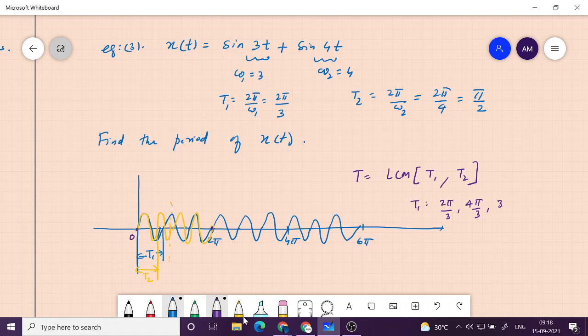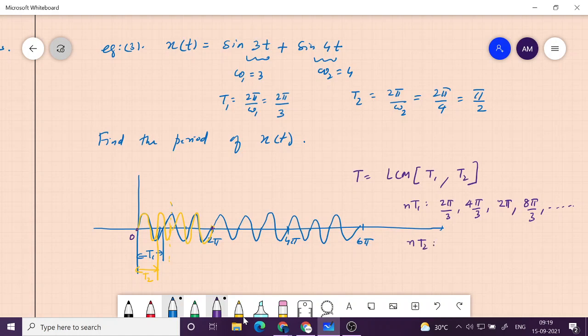Then 3 into 2 pi by 3, which is basically 2 pi, and then 4 into 2 pi by 3, that is 8 pi by 3, etc. So this is basically the integer multiples of T1, and similarly I can take integer multiples of T2.